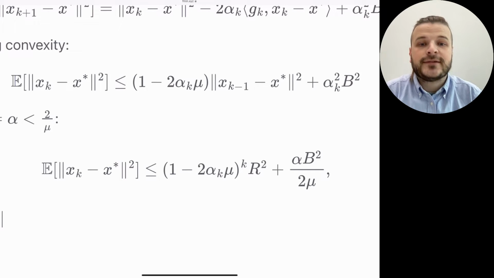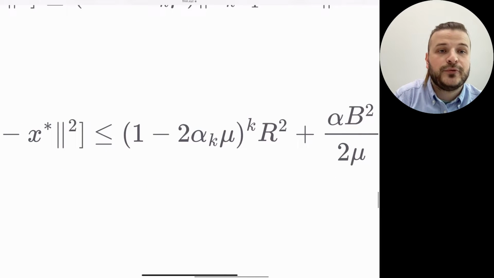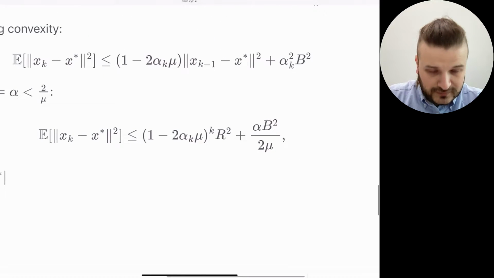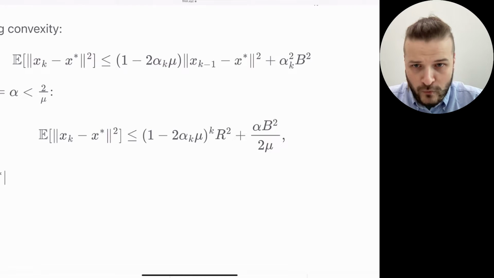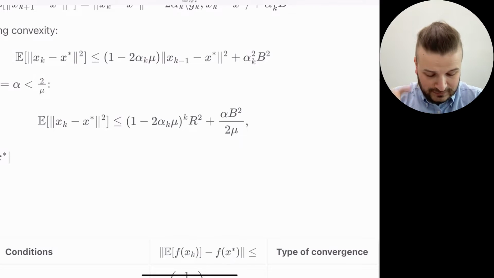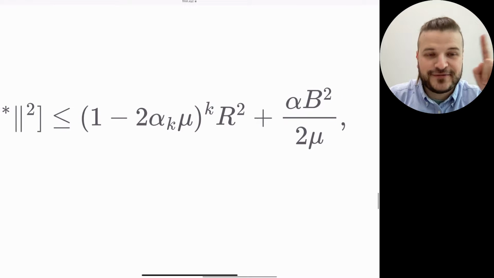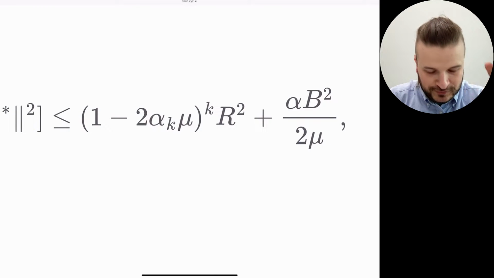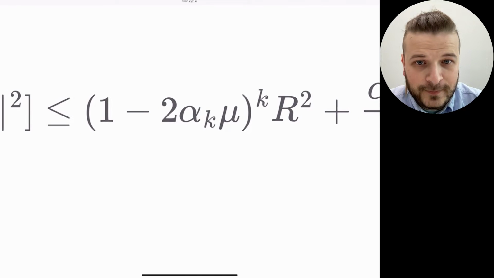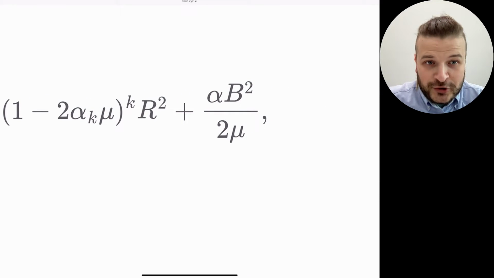And what's interesting here is, if the term 1 minus 2 alpha k mu is less than 1, then we'll have linear convergence of the expectation of our trajectory. That's true only for the first term, but not the second. This term will go to 0 as k tends to infinity, but this term will not change at all.